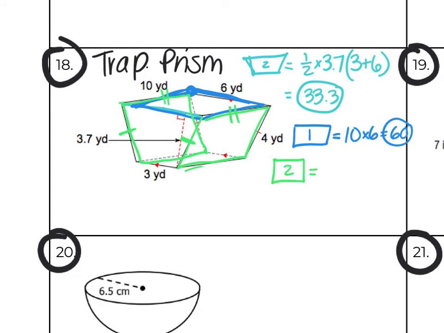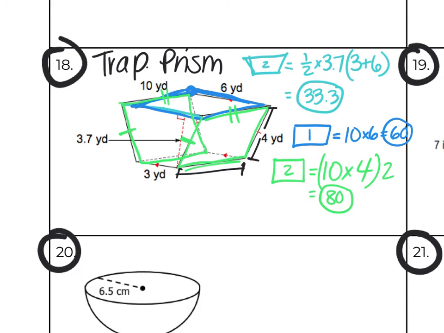So what's this right here going to be? 10 by, now the height is 4, yes. So I'm going to do 10 times 4, and why am I taking it times 2? 2 of them. So 40 times 2 gives us what? 80.